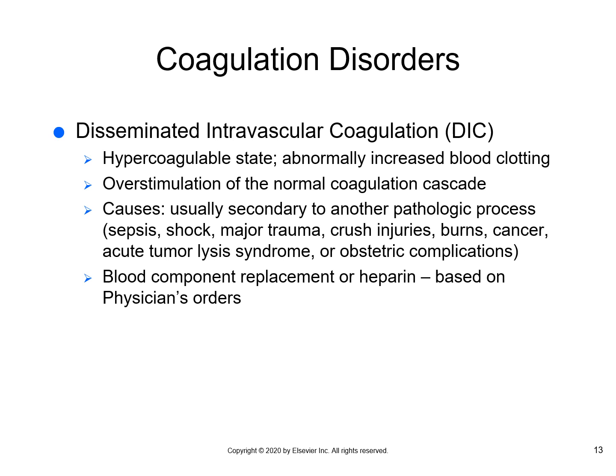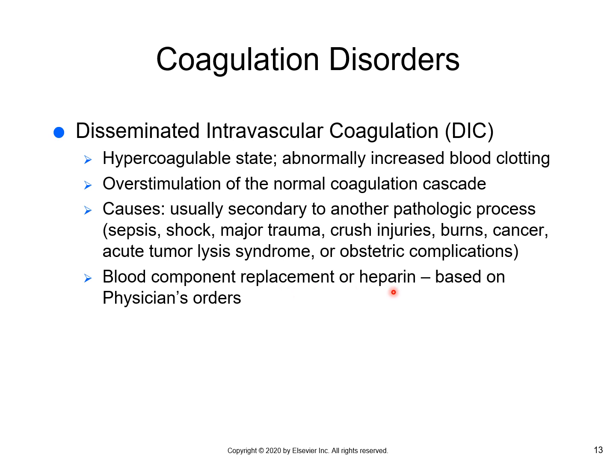We can do blood component replacement, maybe give them the platelets and the clotting factors, or heparin. Heparin is prescribed to interrupt that DIC cycle, letting the body reset, allowing the body to replenish the platelets and the clotting factors.